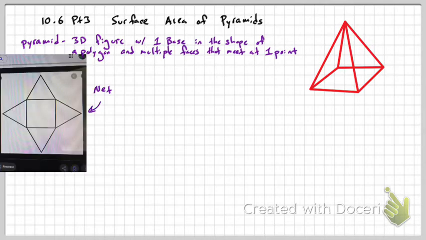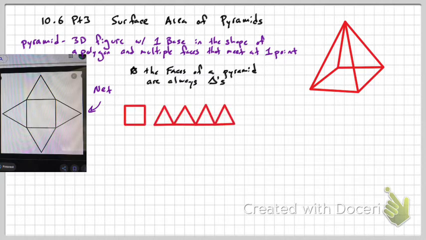So when you look at this net, notice that all the lateral faces are triangles, right? And so that's going to be really important to understanding the surface area formula. So what I'm going to do is I'm going to lay this out. And so notice that when I put them all side by side, this distance in orange right here is actually the perimeter of our base.